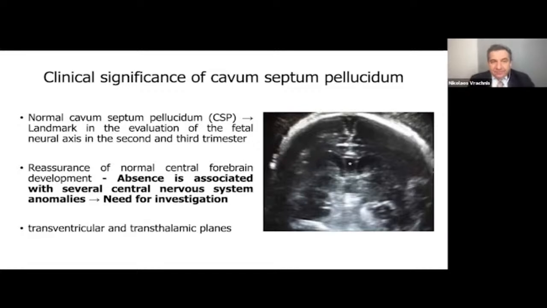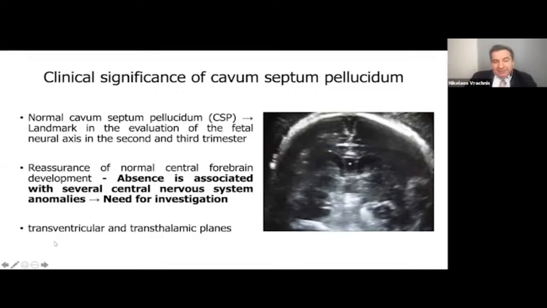The presence of the cavum septum pellucidum, shown here with the lateral ventricles in a coronal view, reassures that the central forebrain development is normal, while absence is associated with several central nervous system anomalies, and then we need to go for an investigation with MRI or send the woman for an expert opinion, an expert in the fetal brain.